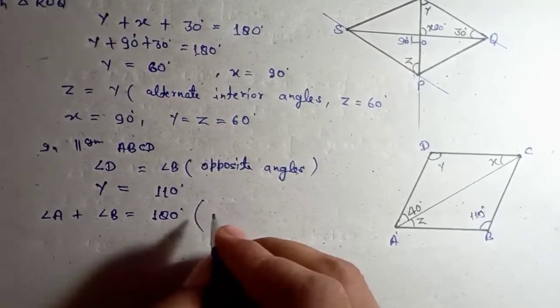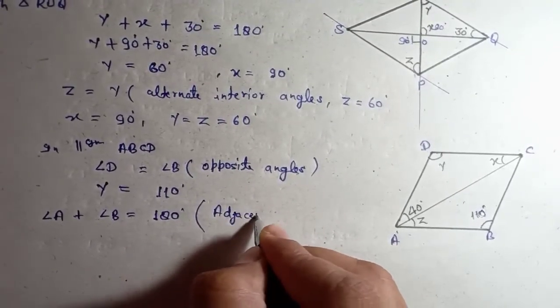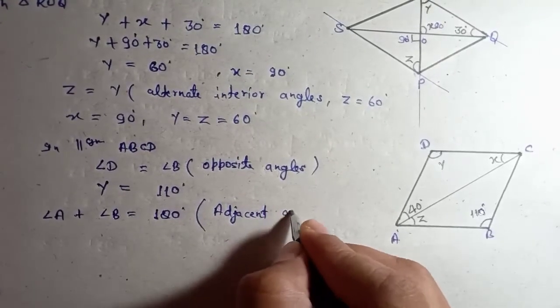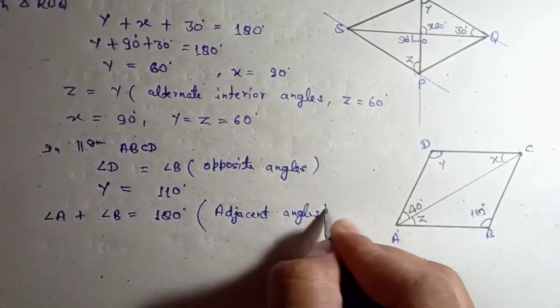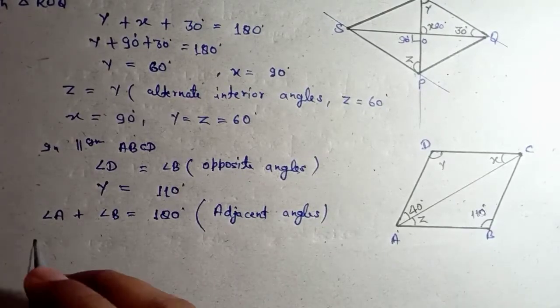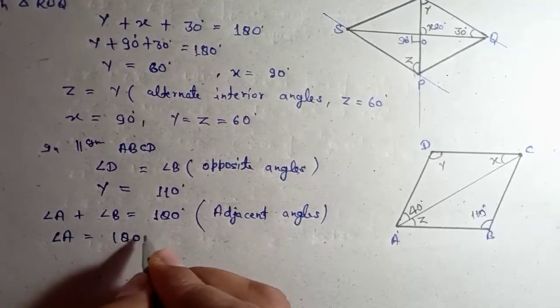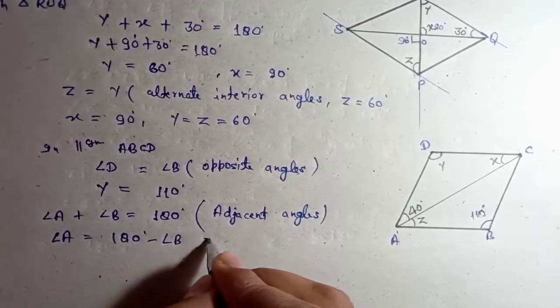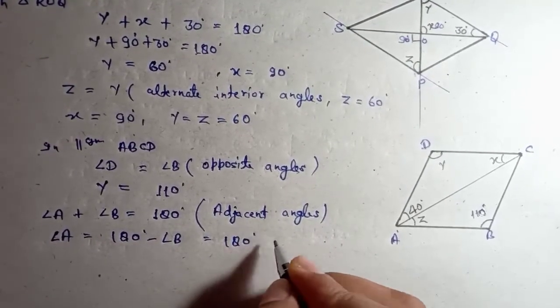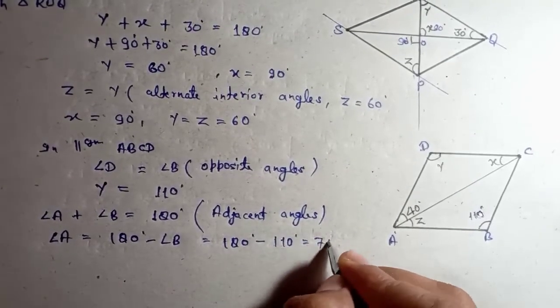Because they are adjacent angles. So we know angle B. Angle A is equal to 180 minus angle B. So 180 degrees minus 110 is now 70 degrees.